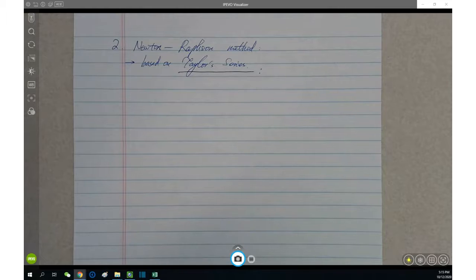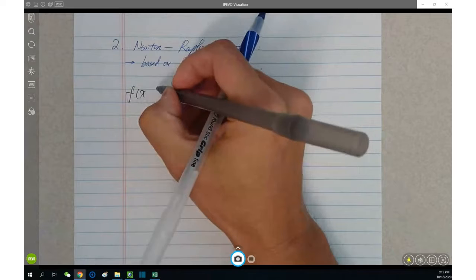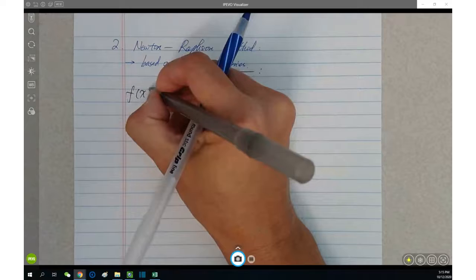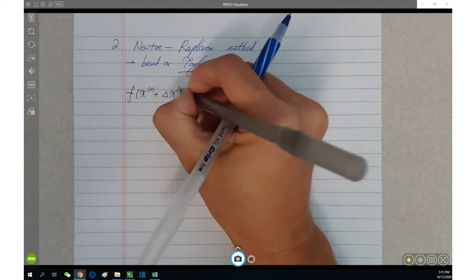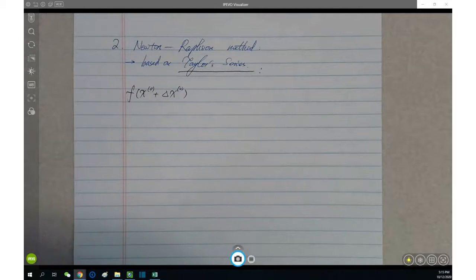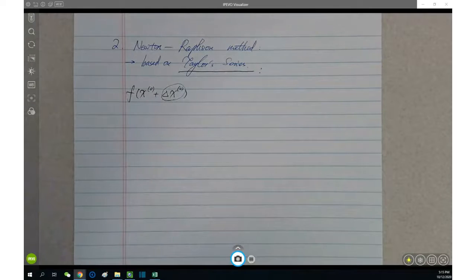So, a Taylor series is talking about what? It's talking about basically this. For example, if we take the initial value as an example and give it a perturbation.